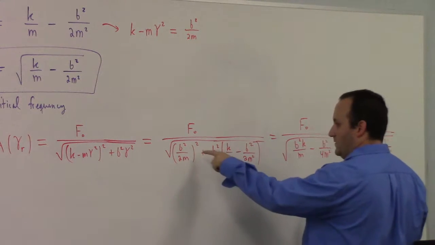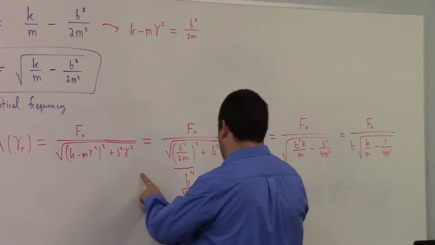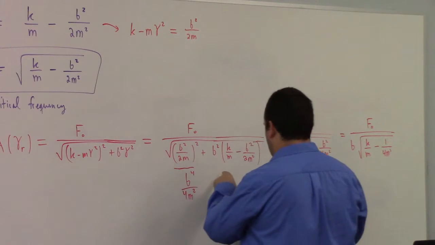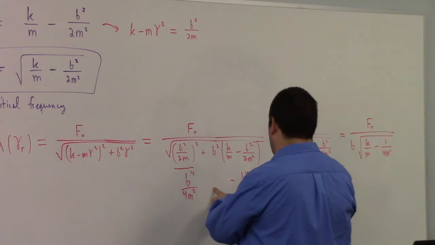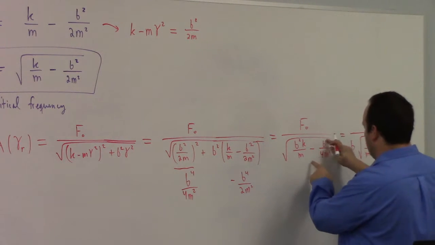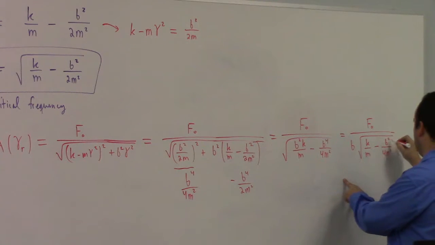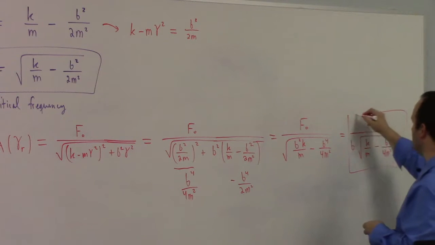So this is b to the fourth over 4m squared, and over here we have minus b to the fourth over 2m squared. So in total, that should give me minus b to the fourth, thank you, which puts a b squared here. And there you go, that's the book's answer.